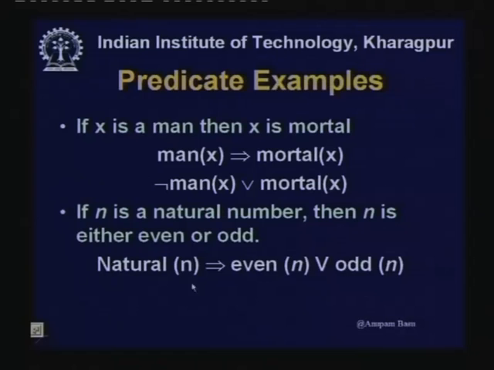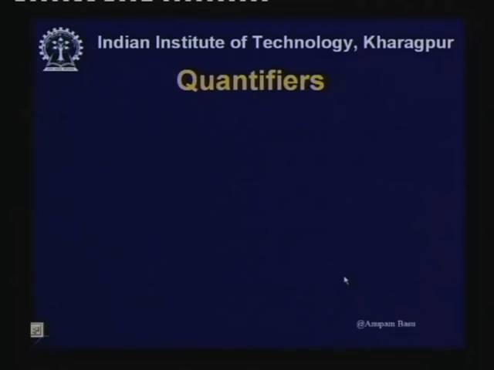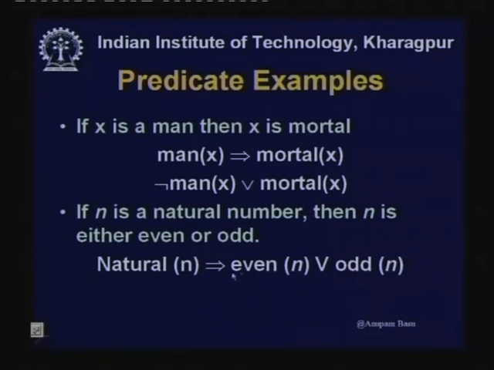I can express it as natural(n) implies even(n) or odd(n). Now, with even(n) or odd(n), any one of them will be true. So, let us once again look at the last example here, that looks like a complicated sentence, but as soon as we write it in the form of predicate logic, and if we understand that, then it becomes really succinct.